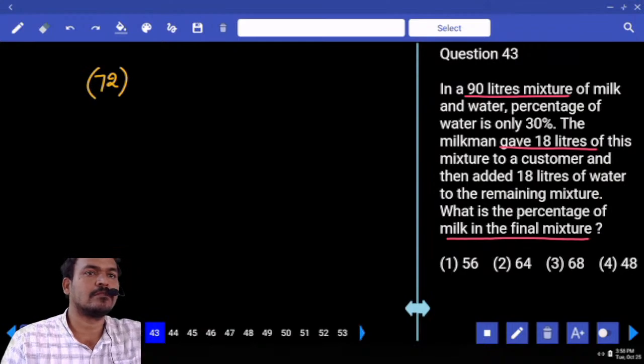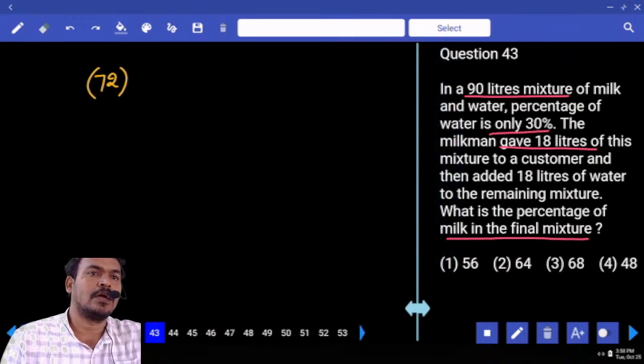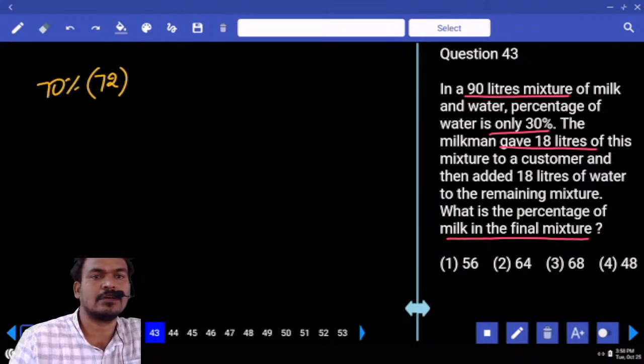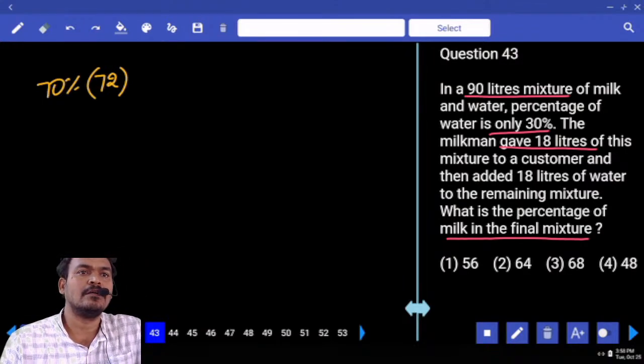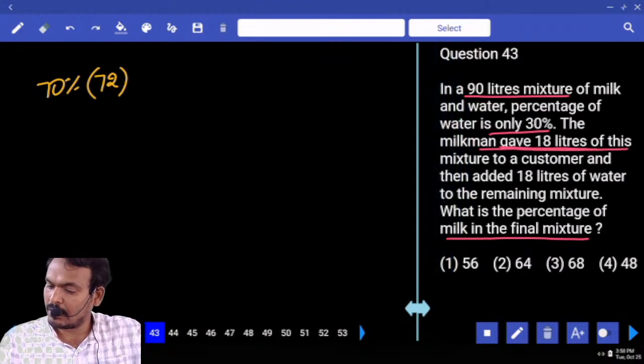What is the remaining quantity? 72 liters or not? Out of 72 liters, water is how much percent? 30%. Remaining 70% is milk or not? So 70% of 72 liters is the milk in 72 liters. Again, we are adding 18 liters of which one?